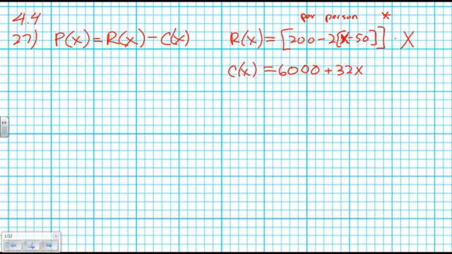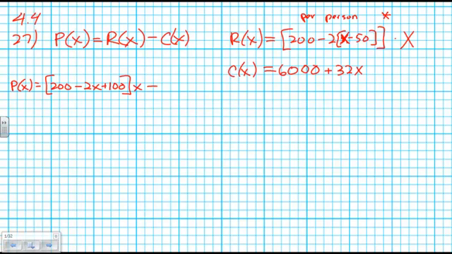So we end up with a profit that's equal to, I might try to clean this up a little bit, (200 minus 2x plus 100) times x. So there's our revenue.